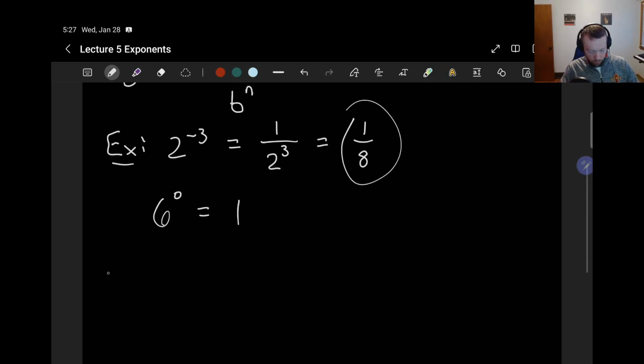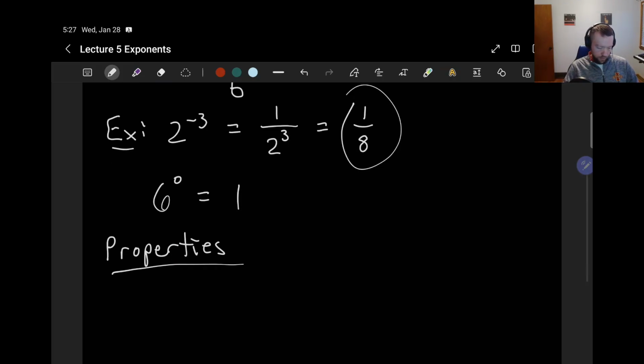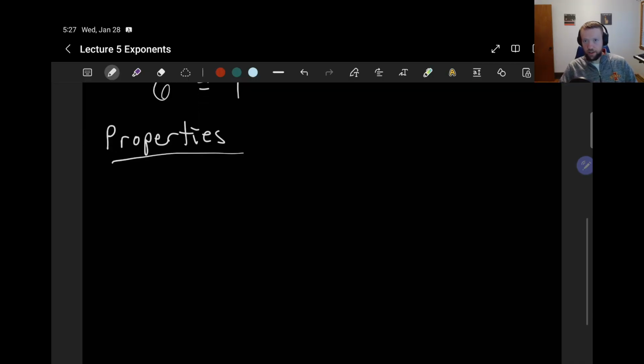Let's discuss properties. Properties of exponents, you'll want to know these. Number 1, if I have b to the m times b to the n, and notice that it's the same base b, then I can bring these together by adding the exponents.